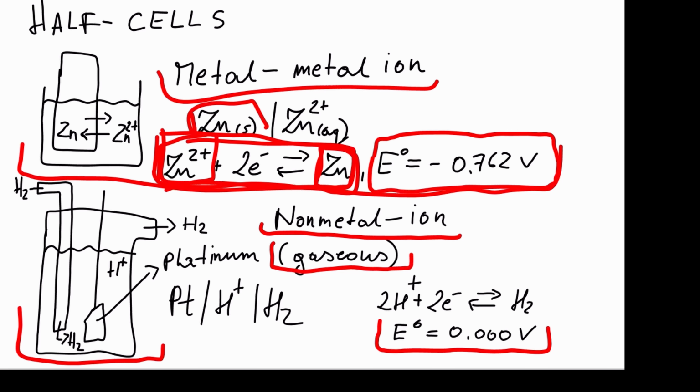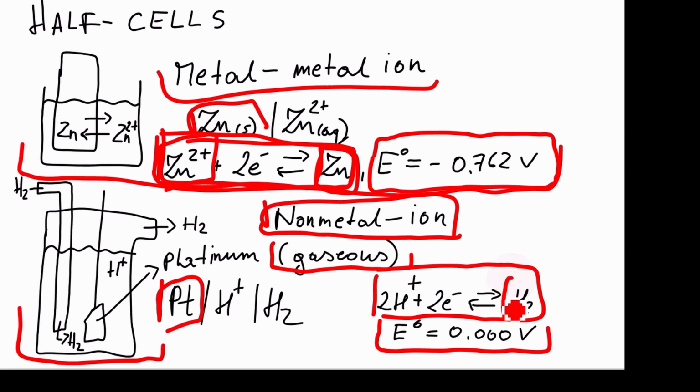Let's see that in this non-metal ion half cell, platinum does not take part in the half-cell reaction. The half-cell reaction proceeds between gas, particles of hydrogen, which is a non-metal, and the hydrogen ions.